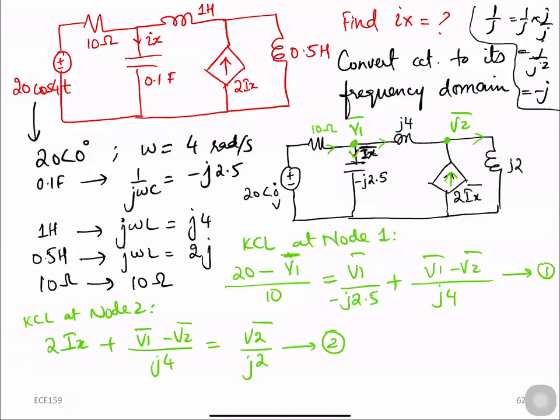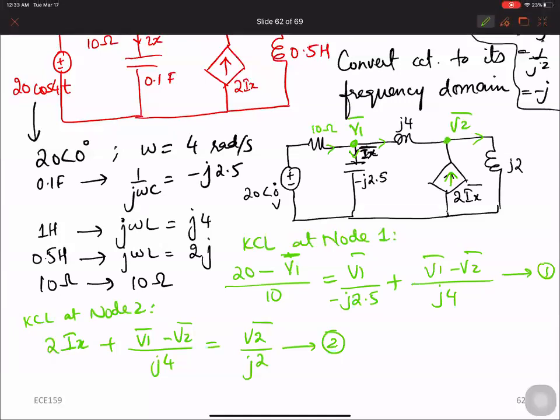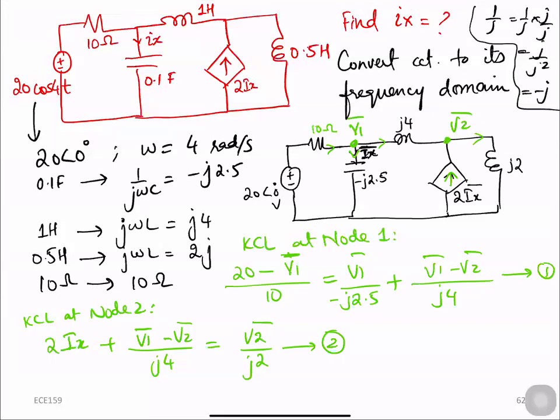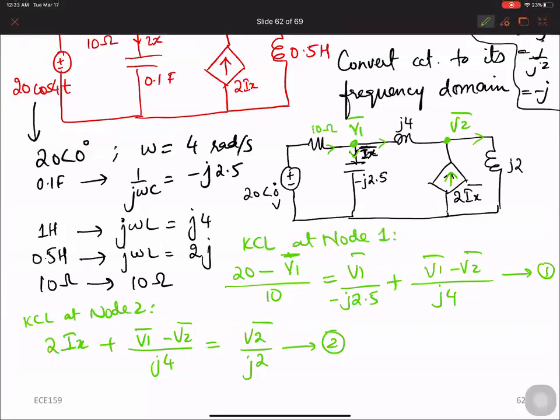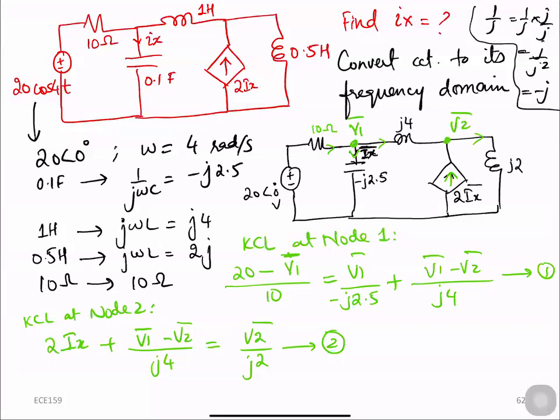Right? We can also write Ix, which is a dependent source. Ix can also, oh, 1 second. Okay, so we can also write Ix.